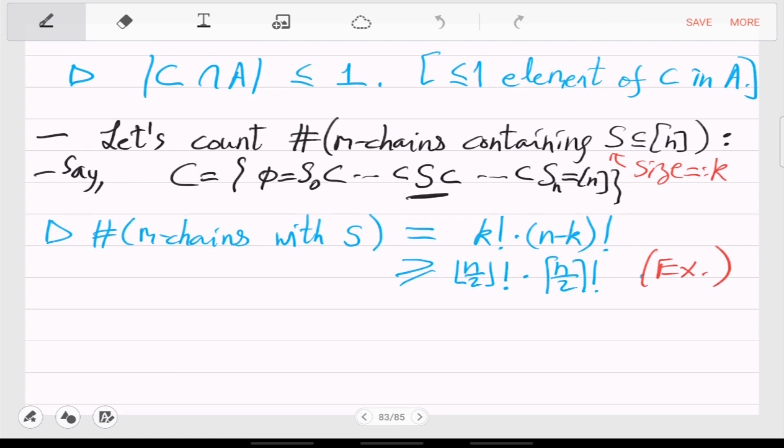So then we now need to count how many chains are there containing one element, which in this case will be a set S of size k. So we fix the set S and we count the number of M chains that will contain this. So note that by the size, already its position in the chain is fixed, right? Where S will sit, that is already fixed by the size.